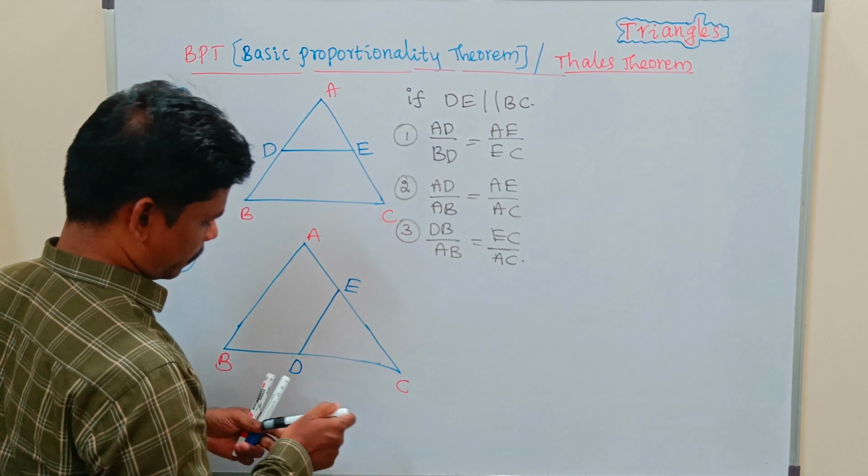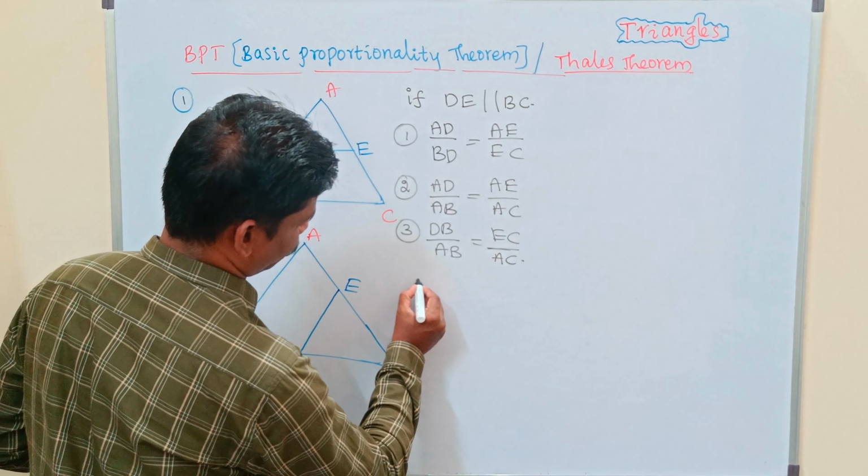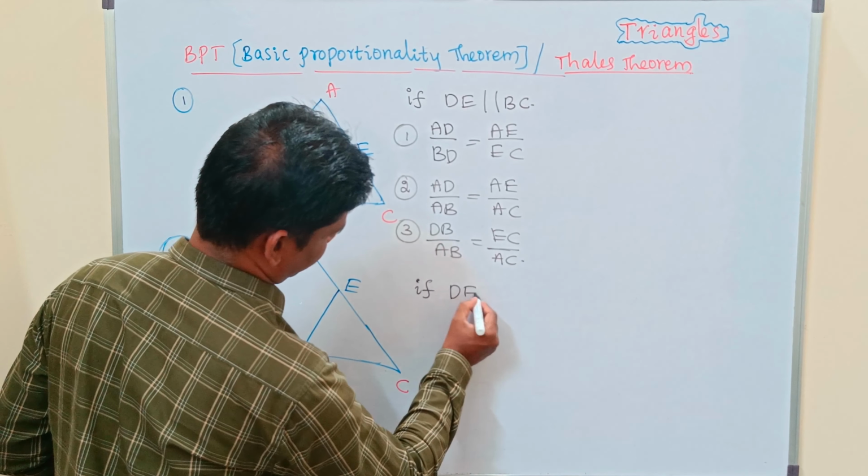If DE is parallel to AB, here is the first point. What happened? First, small sides ratio. EC by AE is equal to DC by BD. First one.